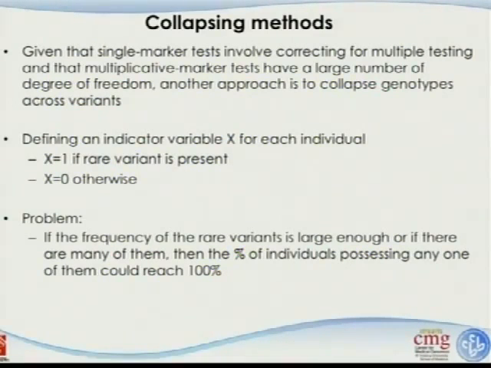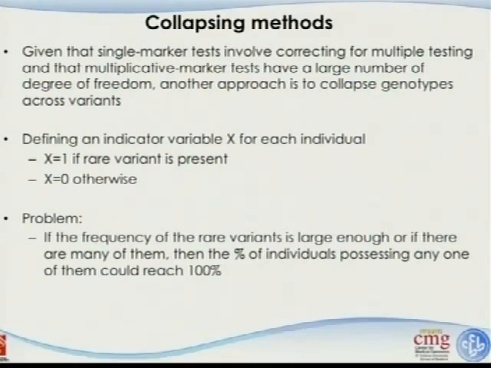The single marker test has too many tests to correct for, and the multiple marker test has too many degrees of freedom. Both reduce the power. The collapsing method defines an indicator variable x for each individual. If a rare variant is present in that individual, you set x equal to 1, otherwise it is equal to 0.